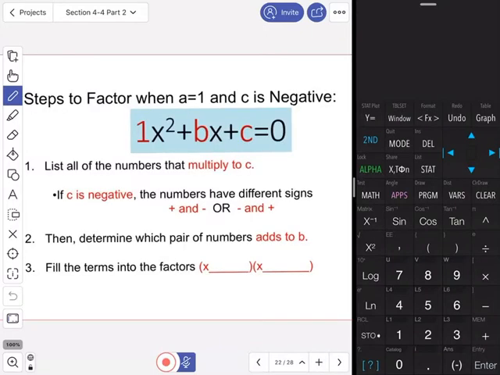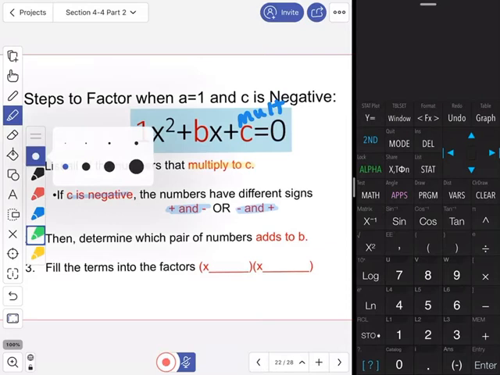In order to factor when A equals 1 and C is negative, you first have to list all the numbers that multiply to your value of C. And if C is negative, that means it's going to be either a positive times a negative or a negative times a positive.